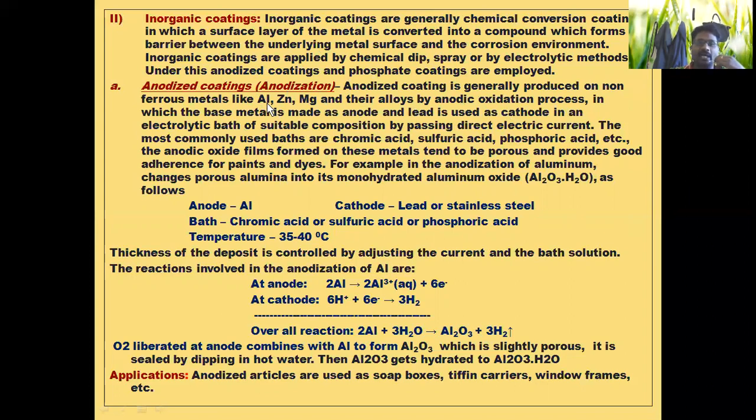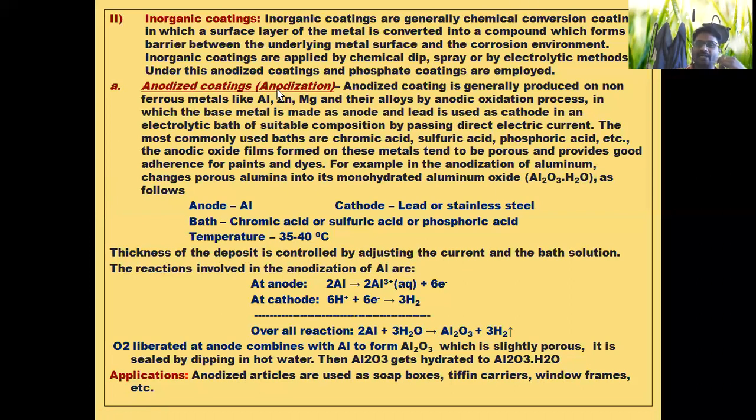Means one of the outer layers of aluminum is converted into its metallic compound. That metallic compound acts as a barrier between the metallic surface and the corrosion environment. In the same way, one of the outer layers of zinc is converted into a metallic compound. Magnesium also is converted, by the anodic oxidation process.